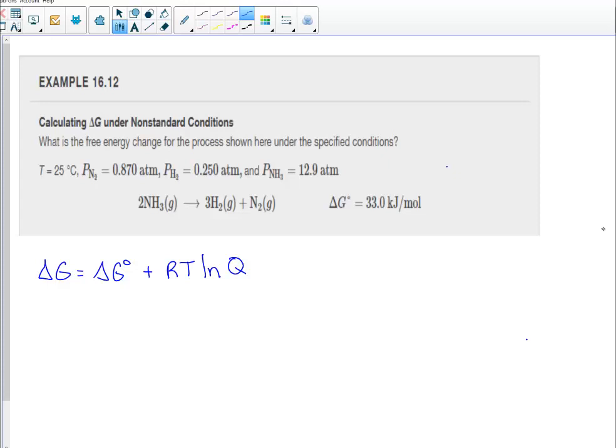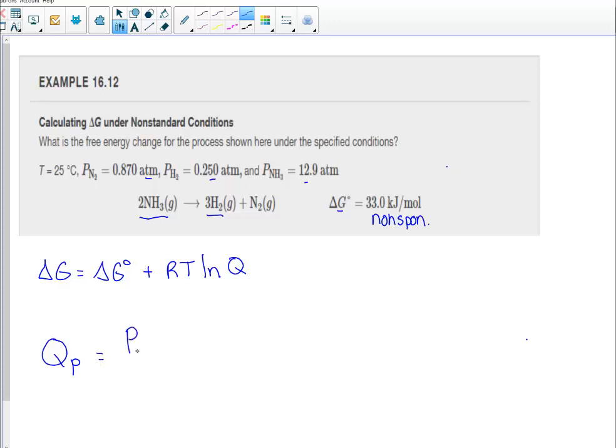What is the free energy change for the process here under the specified conditions? Here's my equation. Molecular ammonia decomposes into its elements, hydrogen and nitrogen. The delta G for that reaction in the standard state is 33 kilojoules per mole. You can see this is non-spontaneous in the forward direction because it's a positive delta G. The reaction quotient is going to be given to us in partial pressures, now in atmospheres.